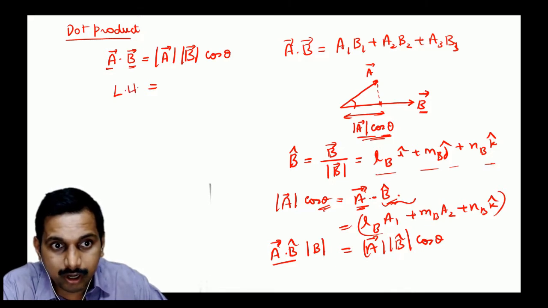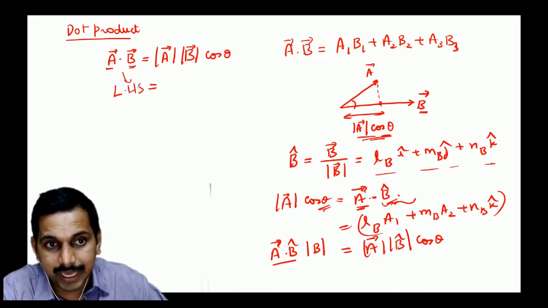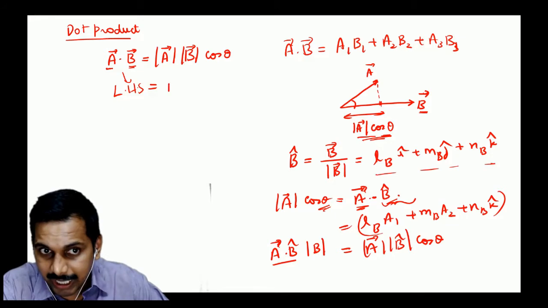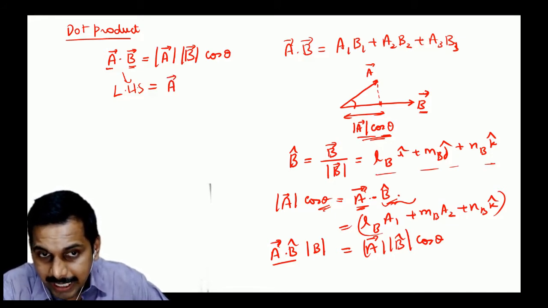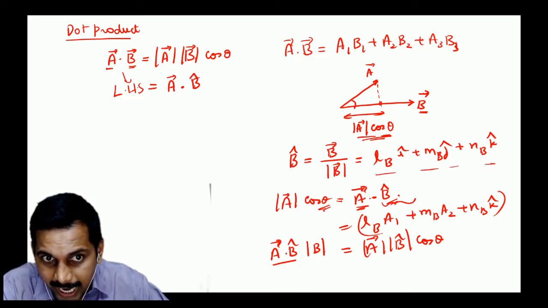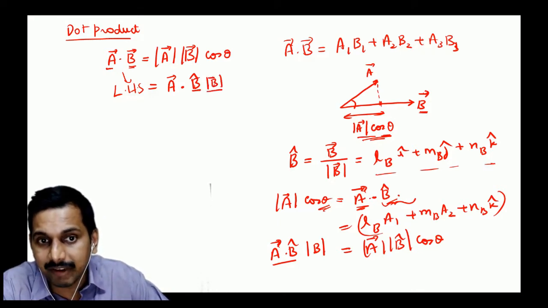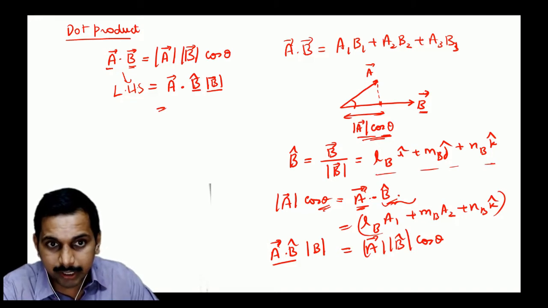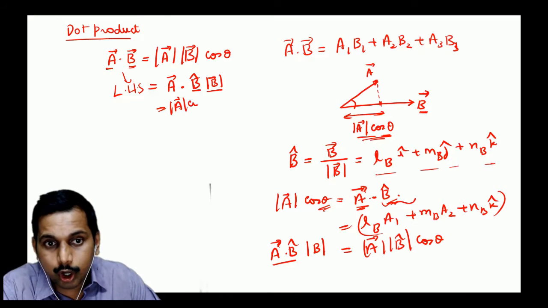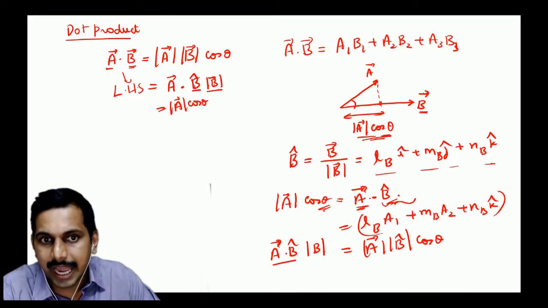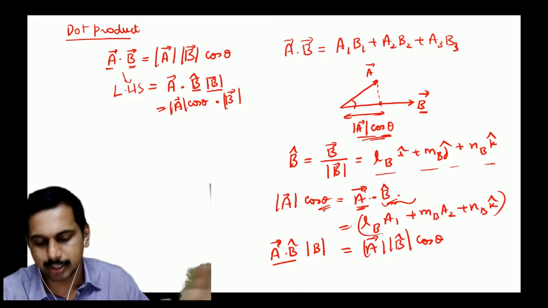So if I say the left hand side of this equation, LHS can be written as magnitude of A, and I can say magnitude of A dotted with B hat into B magnitude, because B hat into B magnitude is the B vector, is it not? So here A dotted with this one, will this come as A cos theta, correct? And dotted with B magnitude. That's how we get. Okay, so this has to be understood.